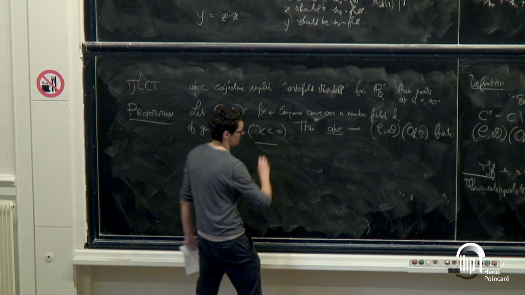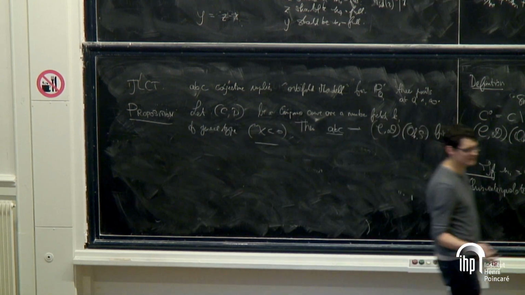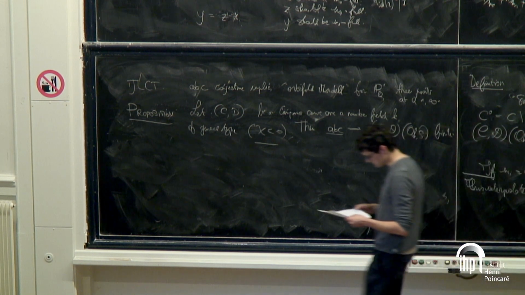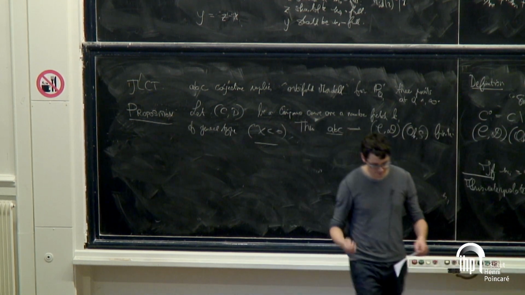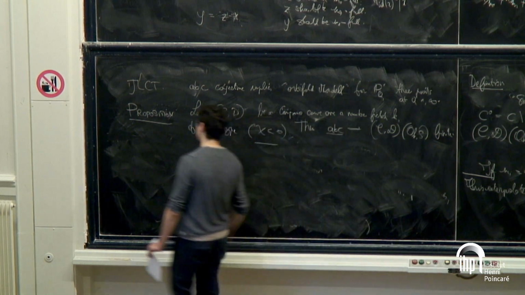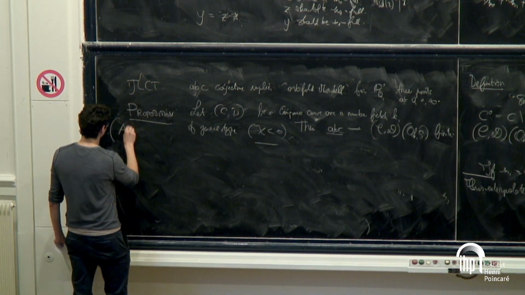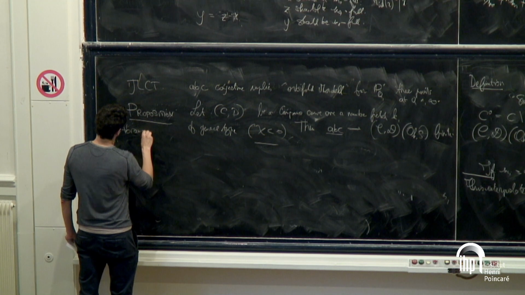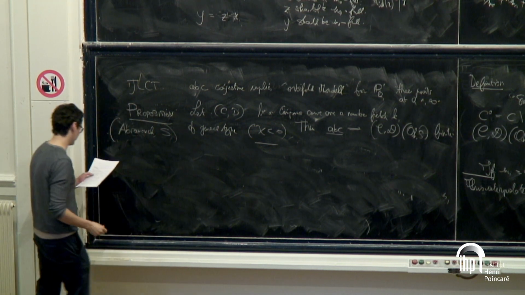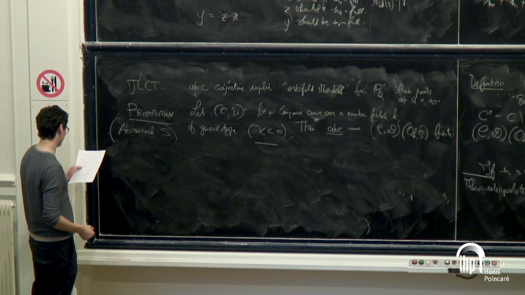I'm not sure how much easier it is than proving the ABC conjecture, really. But anyway, good. So hopefully this gives you some idea. This is, I guess, due to Abramovich, but I've written down the details somewhere myself.